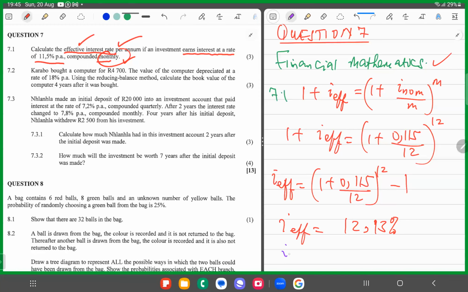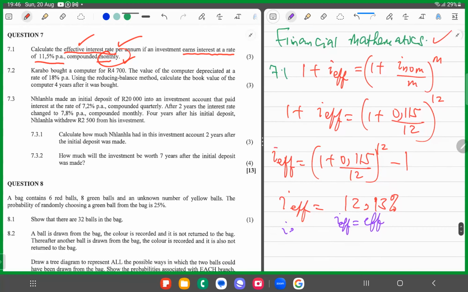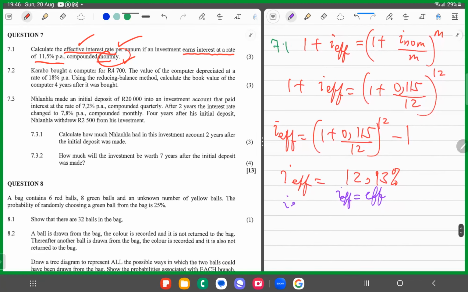So if we write I subscript effective like this, we mean the effective interest rate.